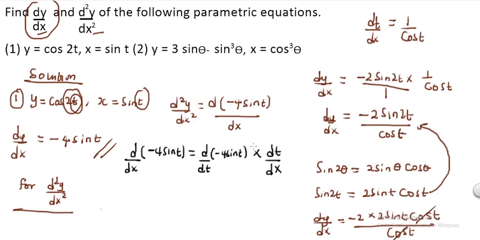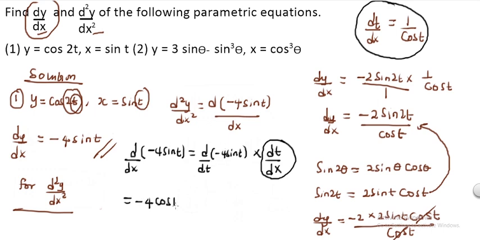So this will be my d²y/dx². Now if you notice, dt/dx is what we've gotten before. So at this point, we can simply solve the question. If we differentiate minus 4 sin t with respect to t, it becomes minus 4 cos t, times dt/dx, which we already have from before, which is 1 over cos t.